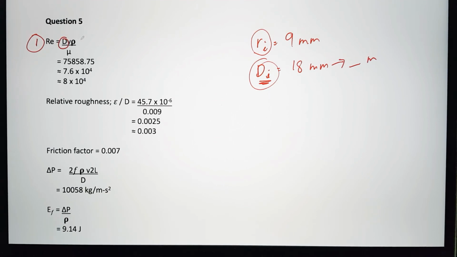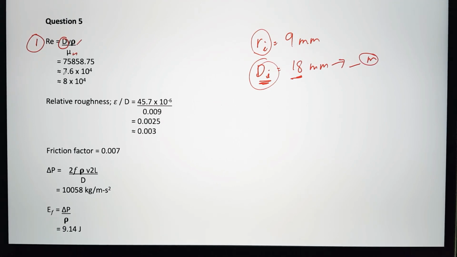Okay, this particular D, remember, we have calculated whereby the value for D is supposed to be 18 millimeter, but then you need to convert to meter. Okay, the velocity has been given to you as well, 3.13, times by the rho divided by the mu. Okay, you will be able to get the value as 75,858.75.